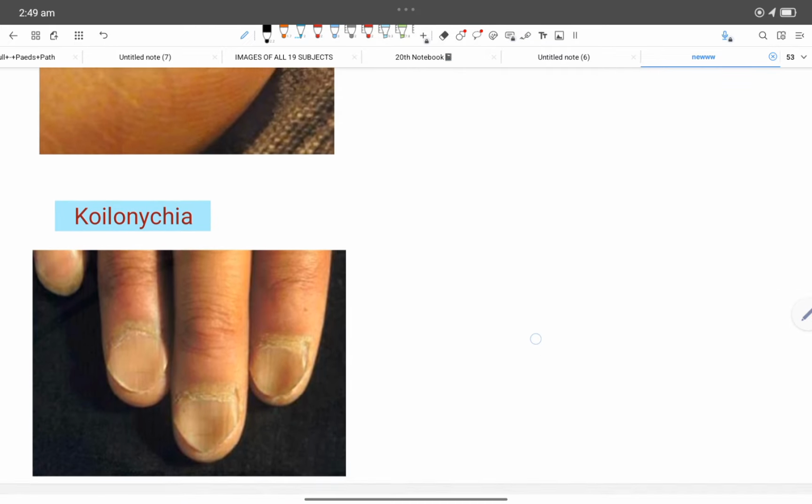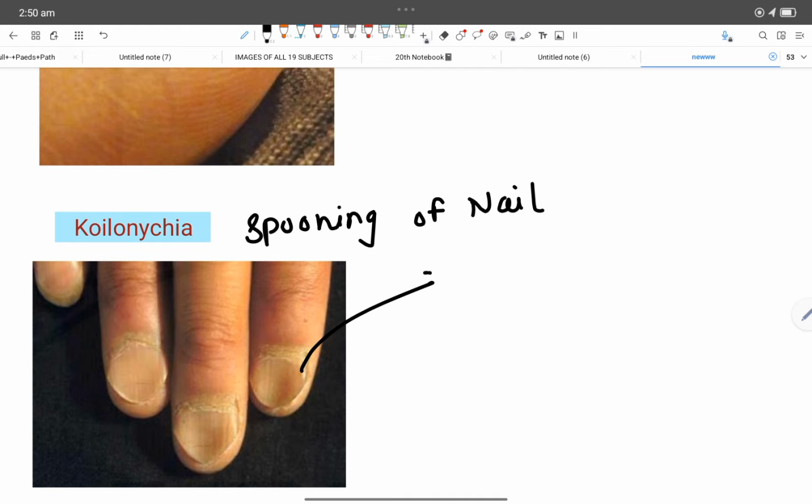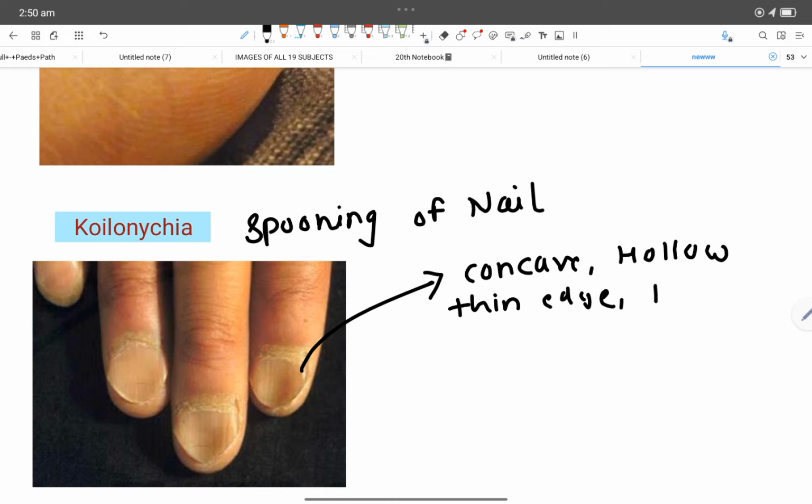And last is koilonychia. It is spooning of the nail. This is concave and hollow in nature with a thin edge and depressed center.